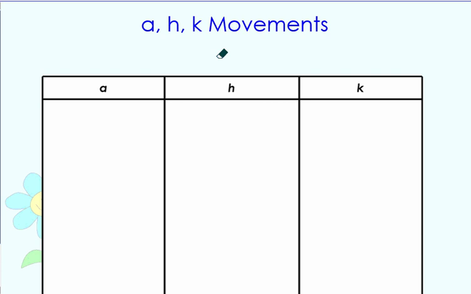The K stands for vertical. A lot of the time it's where we get our center point or our vertex from. Okay, for things such as the circle or parabolas and things like that we're going to talk about in conics. But here again, horizontal movement is H, vertical movement is K.